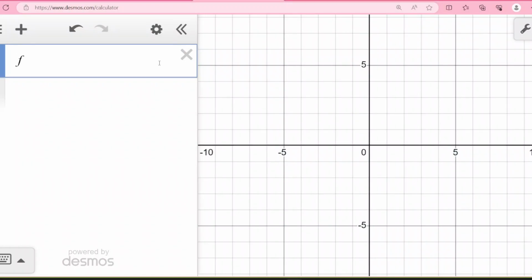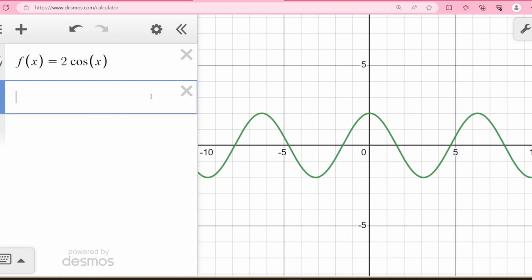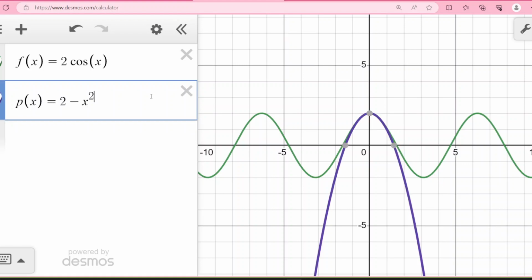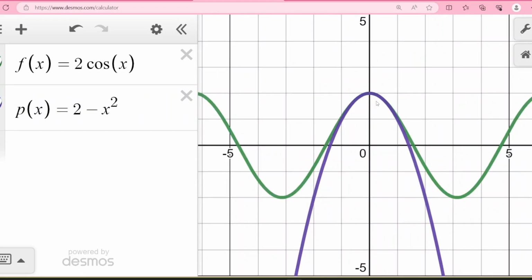So again, our function f of x was 2 cosine x, and I'm in radian mode. You can see the wavy thing there. And then the polynomial we're using, the Maclaurin polynomial, 2 minus x squared. And you see how that, around 0 here, because remember Maclaurin's centered at 0, let me bold this up.